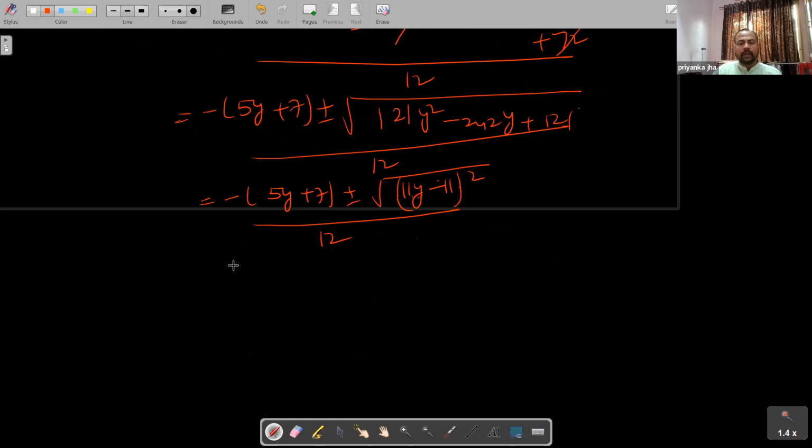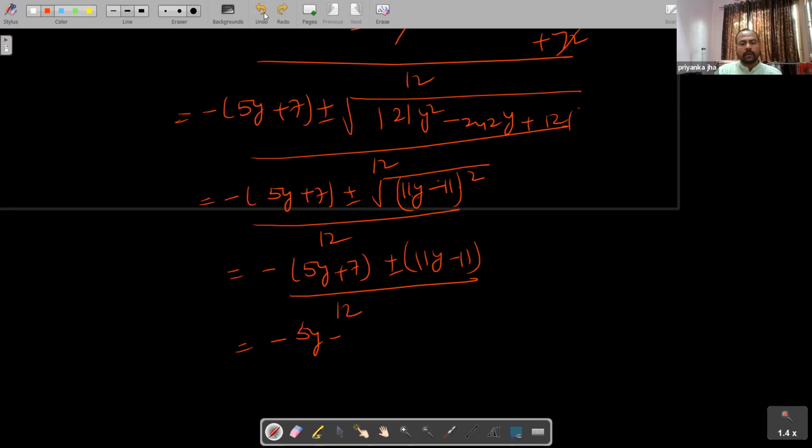Now here you can see that minus (5y plus 7) plus minus (11y minus 11) upon 12. Take plus sign once, and then take minus sign.